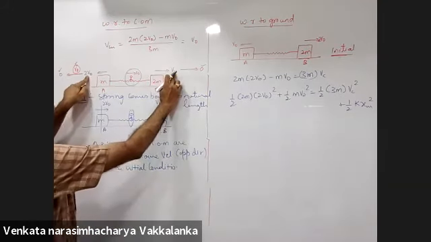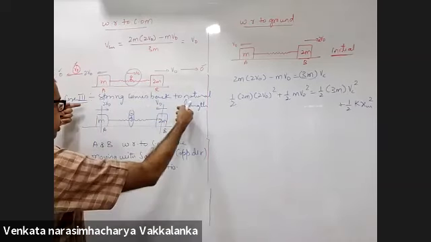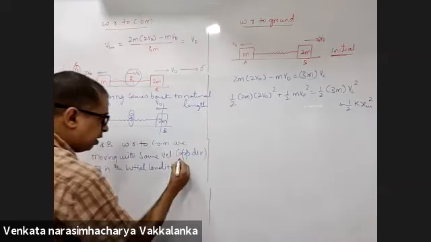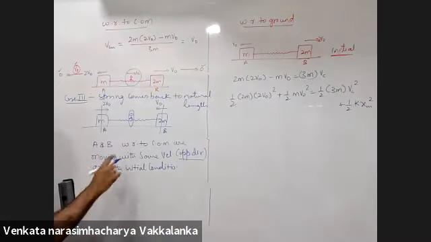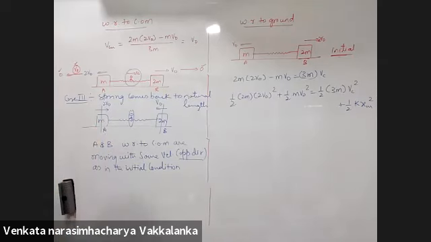Initial condition I had 2V naught and V naught with respect to center of mass. Now I should have the same velocities but in opposite direction as that of the initial condition. That will be the instant when the spring is in the natural length.